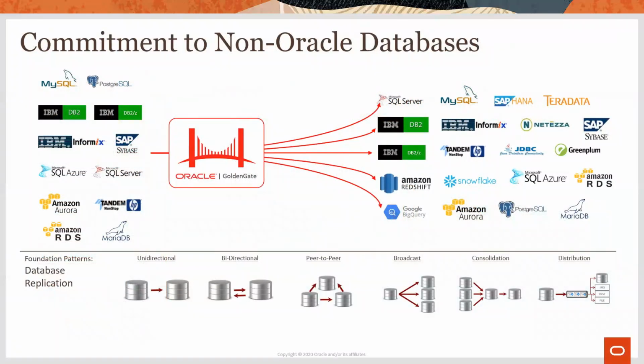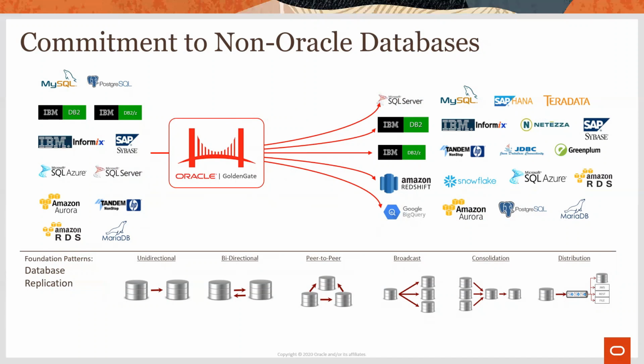From a non-Oracle side, we continue to invest heavily in GoldenGate for non-Oracle databases. It's a huge part of our global business for customers that standardize on GoldenGate technology in their data centers. They typically are using GoldenGate with a variety of different databases: DB2, SQL Server, MySQL, Tandem NonStop, MariaDB, Sybase, et cetera.